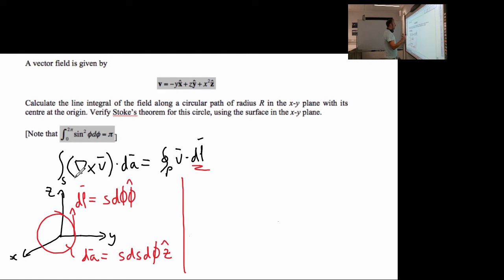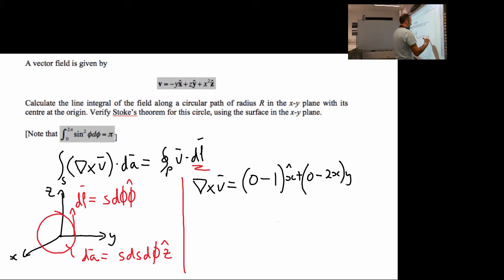So let's determine the curl of our vector field V. Okay, so the curl of V is going to be equal to the differential of the z component with respect to y, so 0 minus differential of the y component with respect to z, which would be minus 1, by x hat, plus differential of the x component with respect to z, so 0 minus differential of the z component with respect to x, to x y hat, and the differential of the y component with respect to x, minus differential of the x component with respect to y, z hat.